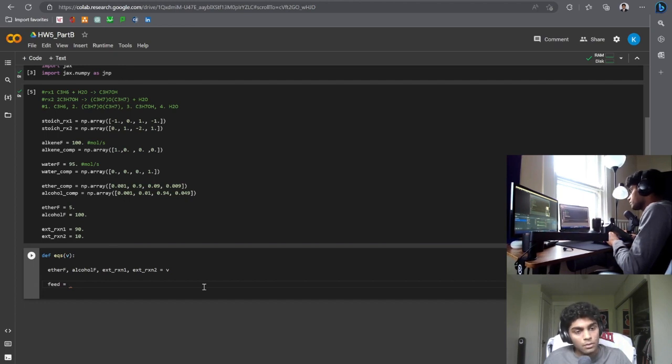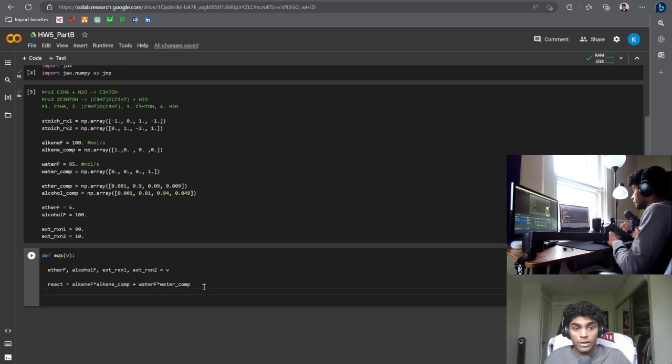Let's go, reactants is going to equal our alkene F times our alkene comp plus our water flow times our water composition. And so that's what we're working with.